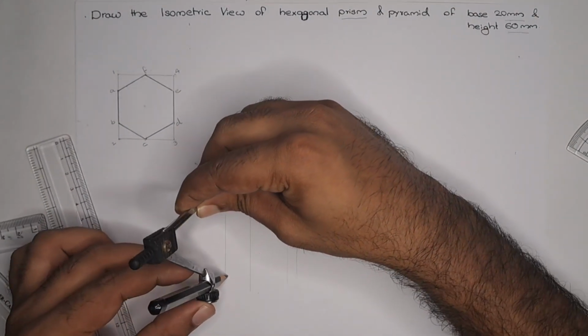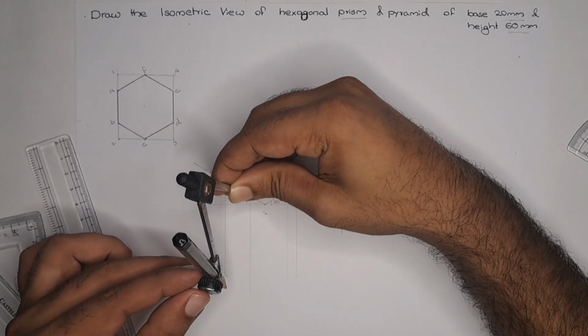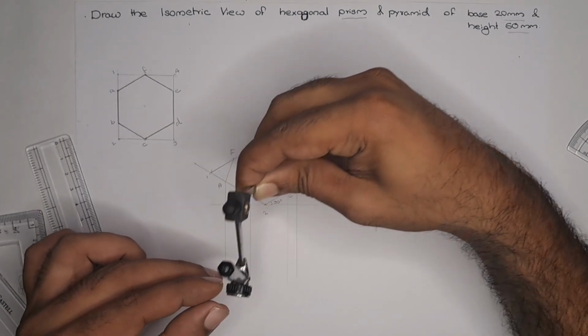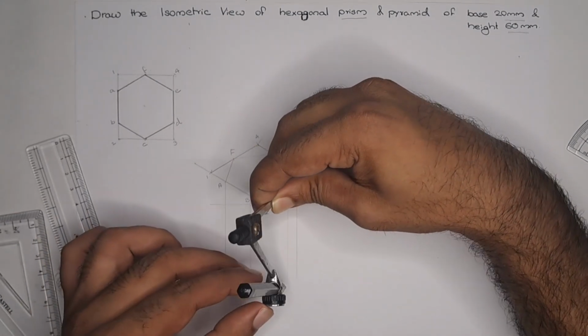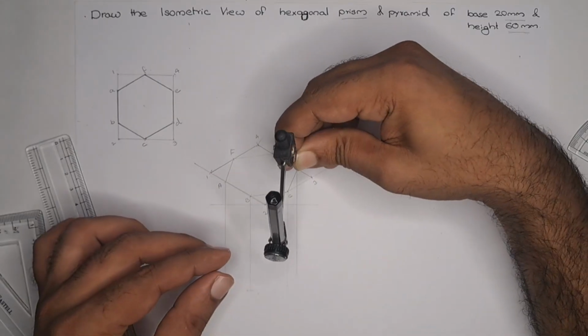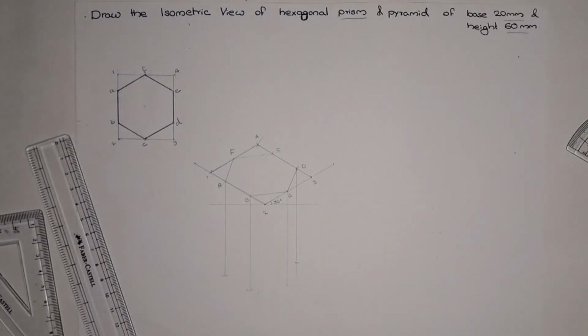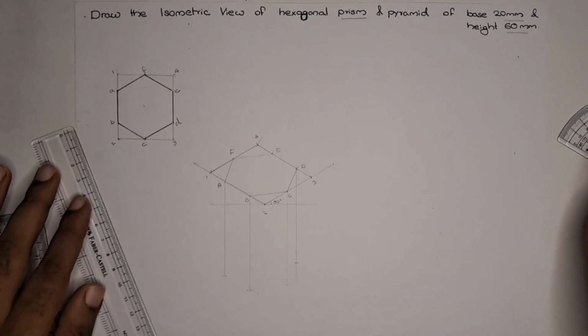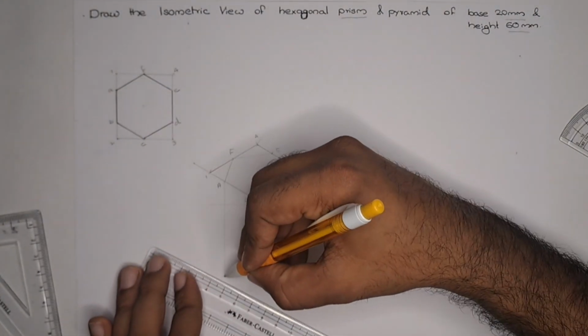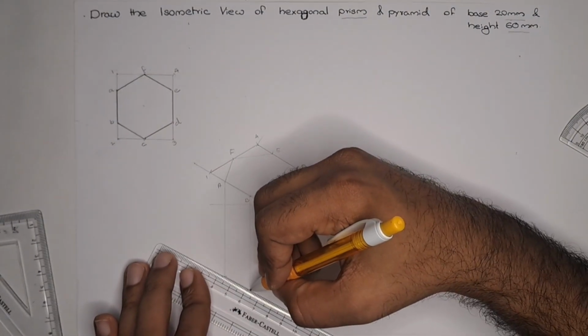The first corner A, then B, the third one C, and the last one D. Now connect the lines.